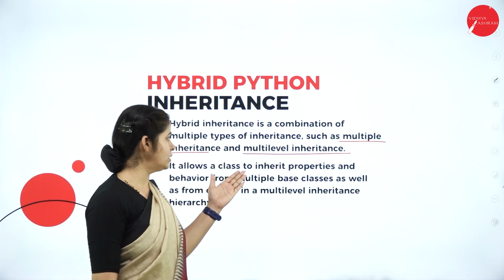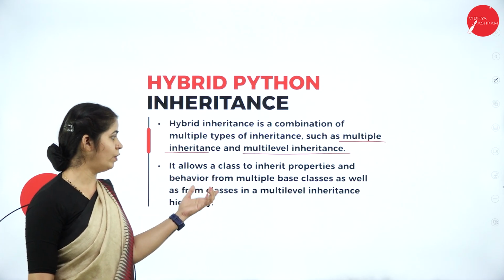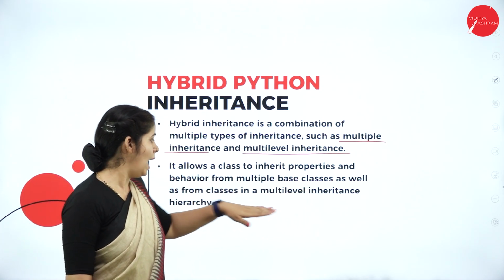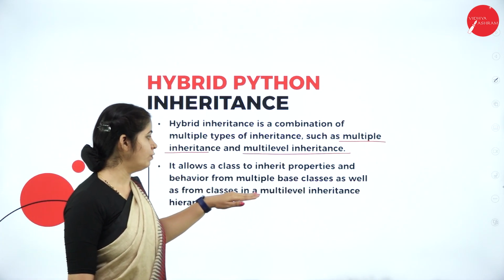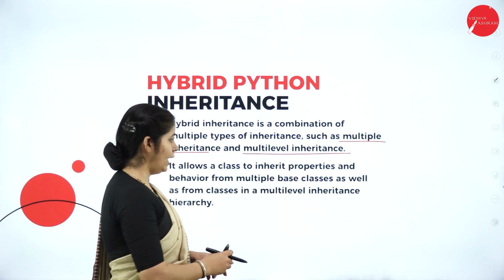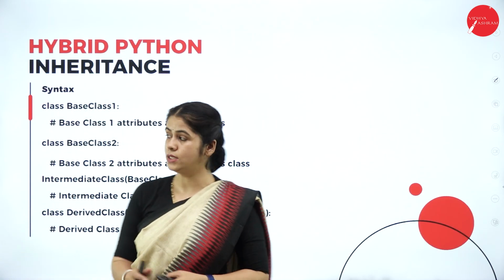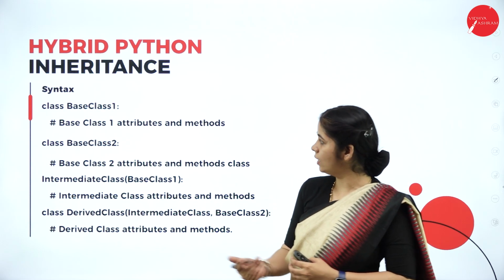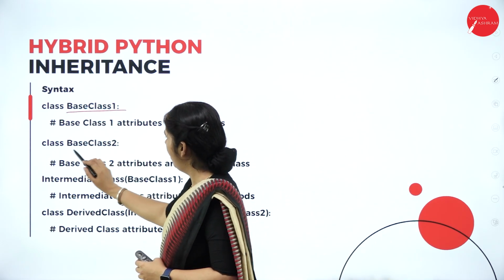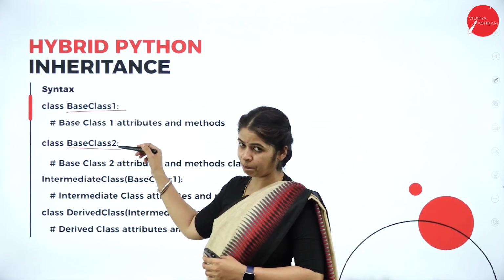It allows a class to inherit the properties and behavior of multiple base classes as well as the classes of multi-level inheritance. Like in the example, the syntax for hybrid inheritance is base class 1, base class 2, right?